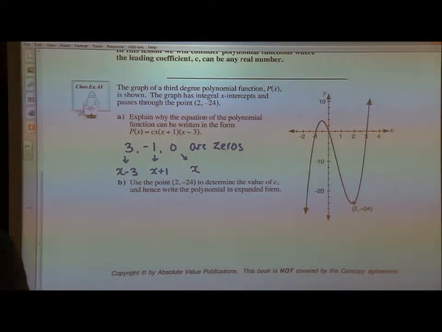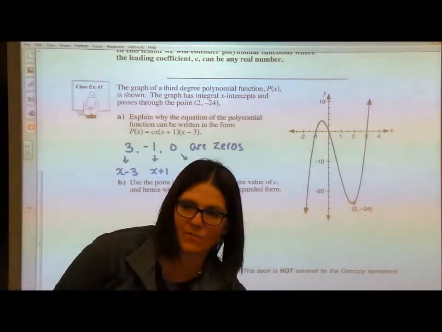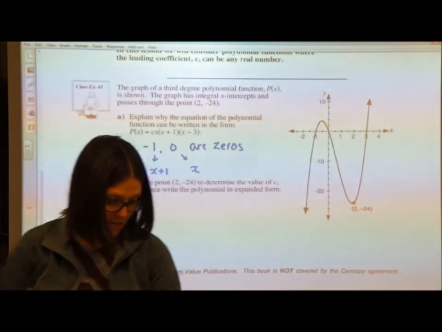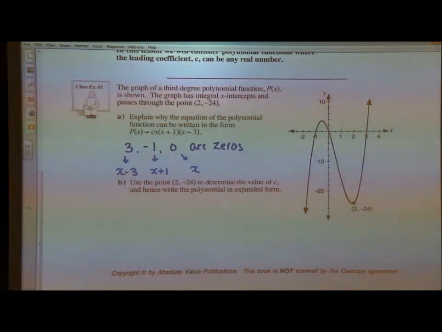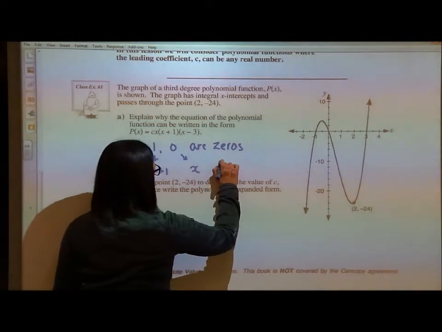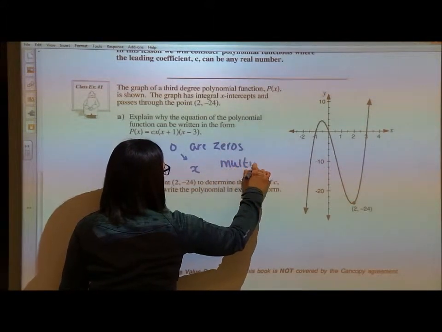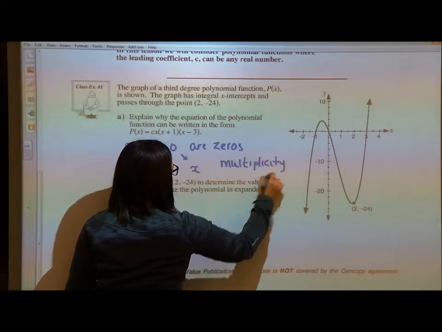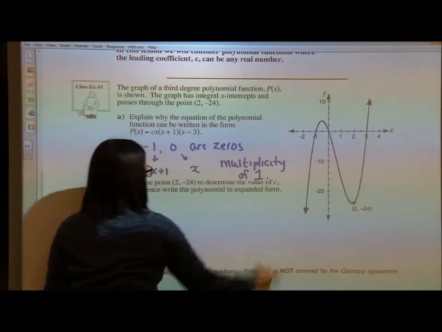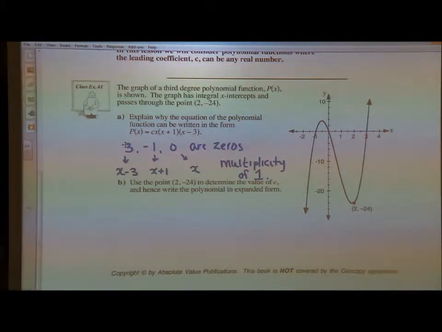Those x-intercepts give me zeros, which give me factors, which allow me to factor that equation. And all three of these have a multiplicity of 1, because for all three, the graph goes straight through that intercept.